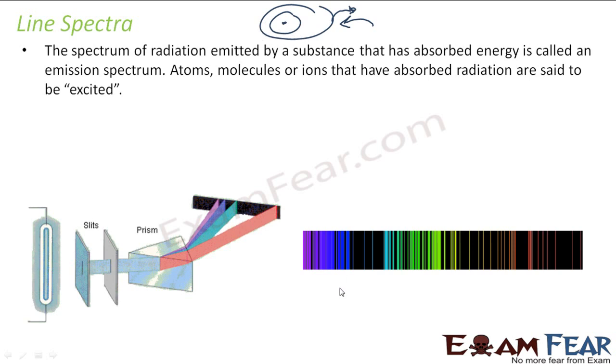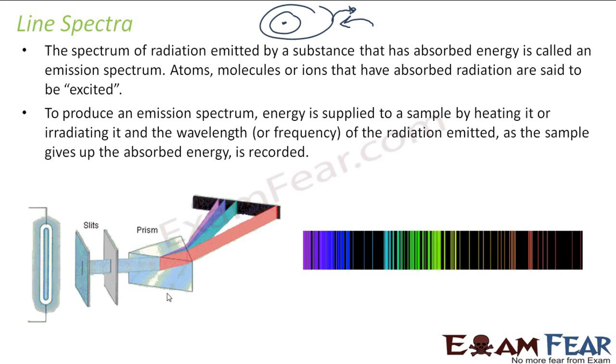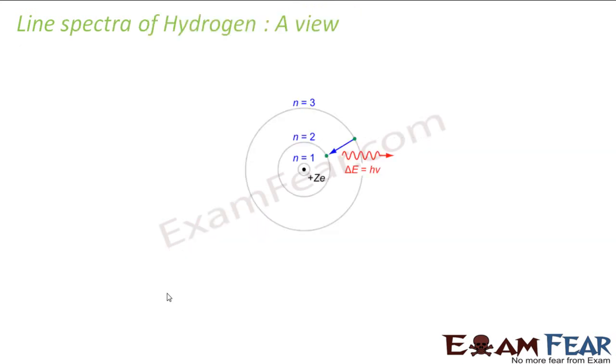Line spectra is nothing but the spectrum of radiation emitted by a substance that has absorbed energy. It's called emission spectrum. We have learned a lot about this. If you want to know more, you can watch my video on atoms, where we explain this in a better way.